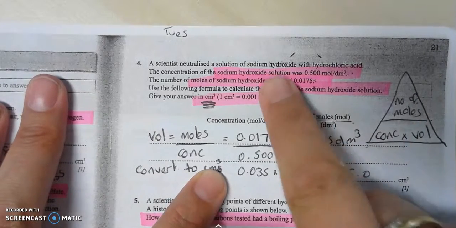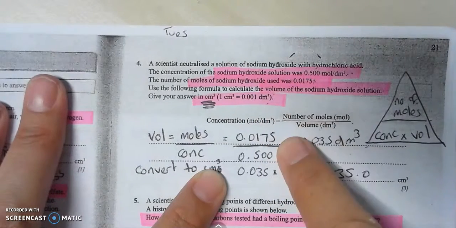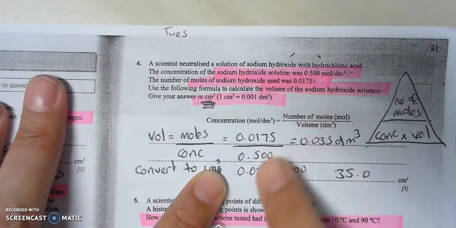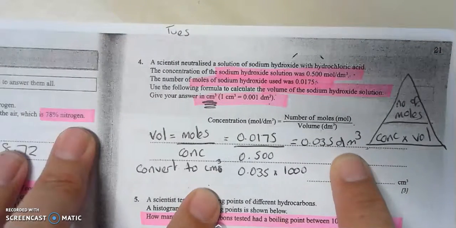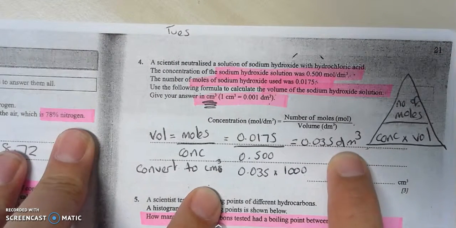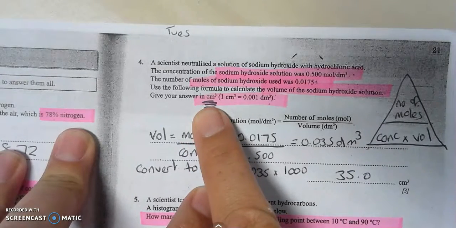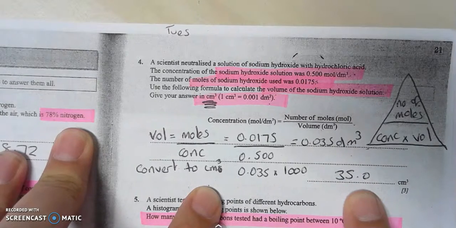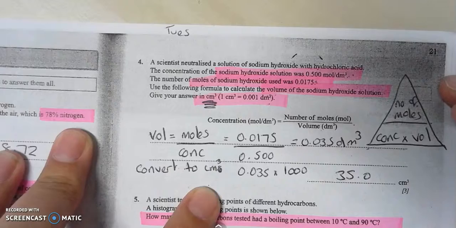Well, my number of moles was 0.0175. My concentration was 0.500, equals 0.035 decimetres cubed. That would get me 2 of the 3 marks. But it's asking me to convert it into centimetres. So I take that and I multiply it by 1,000 and I get 35 centimetres cubed. And that'll get my 3rd mark.